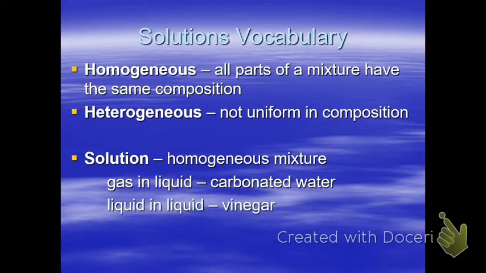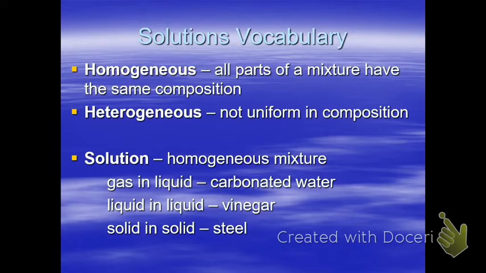A liquid being dissolved in another liquid would be vinegar. We've talked about vinegar a little bit before. If you go into your kitchen cabinet and pull out the vinegar, vinegar is acetic acid dissolved in water. That's a solution. This next one sounds a little bit odd: a solid dissolved in another solid.